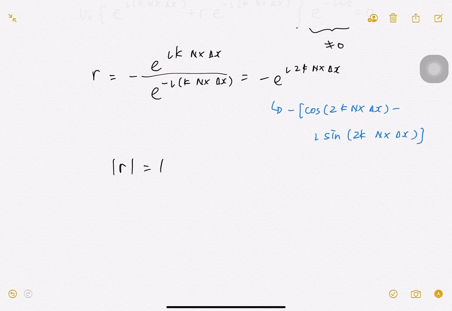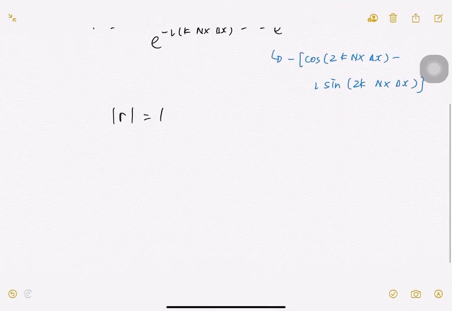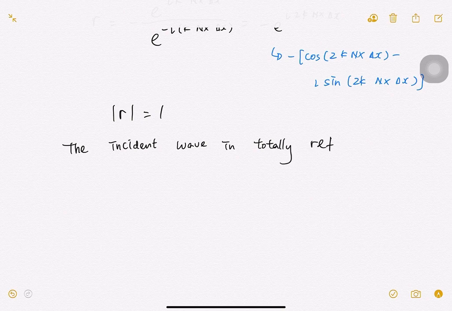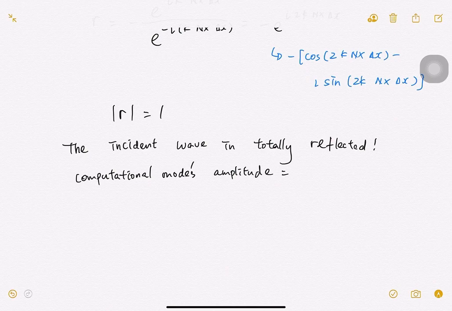If you don't know how to find the magnitude of a complex number, please Google that. I'm not going to explain that again. Which means that the incident wave is totally reflected, and the computational mode's amplitude equals the physical mode's.